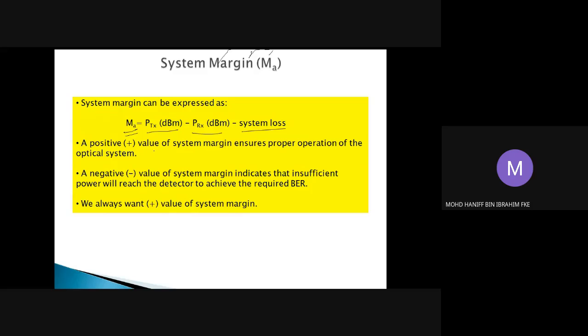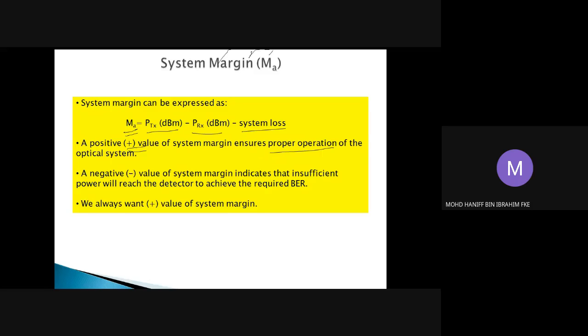When we calculate the transmit power minus the received power minus system loss, if the result of the subtraction on the right hand side is positive, it means that the system margin in our calculation will ensure proper operation of the optical system. It means that the system we are designing will work in a proper condition.